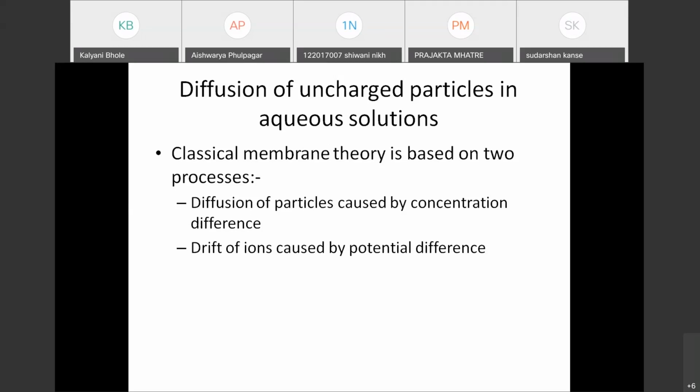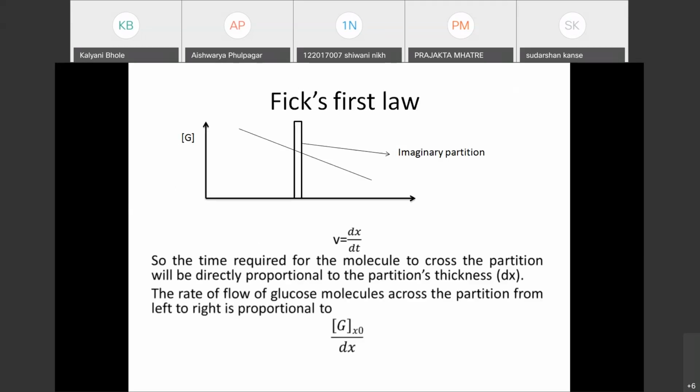To understand this theory, our ultimate aim is to derive Fick's first law. Fick's first law is J equals minus D dC by dx.